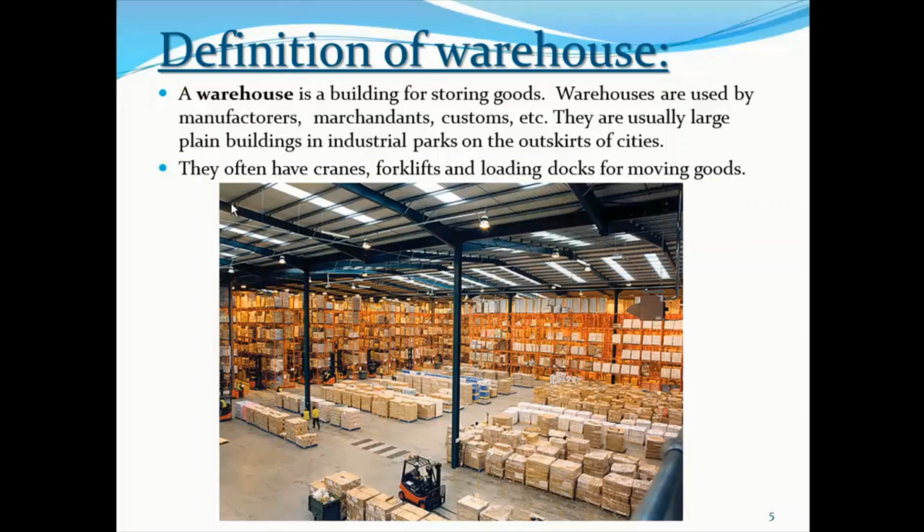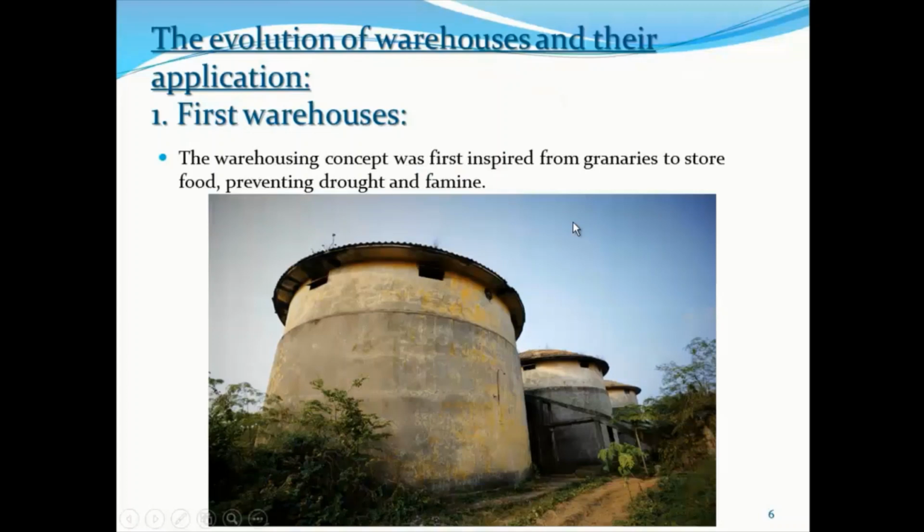They are usually large plain buildings in industrial parks or the outskirts of cities. They come in big racks and stuff, so they need to go outside of the cities to be as large as they can. They often have cranes, forklifts, and loading docks for moving goods, as we see in this picture.